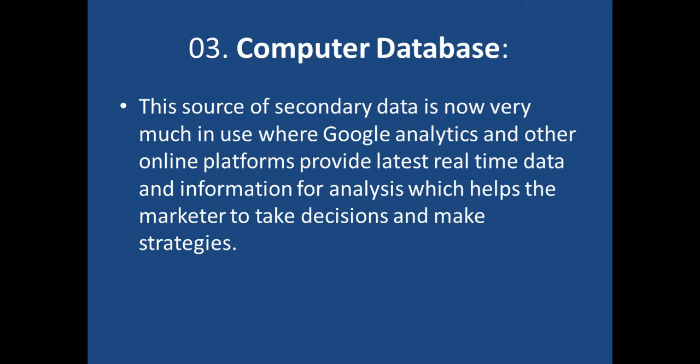Not only this, they give you real-time data on how many people are with us right now. Like I can see how many people are here with us, in terms of number. This is real-time data, and it helps give exact, more appropriate information, and helps analysis, which helps the marketer to take decisions and make final strategies.